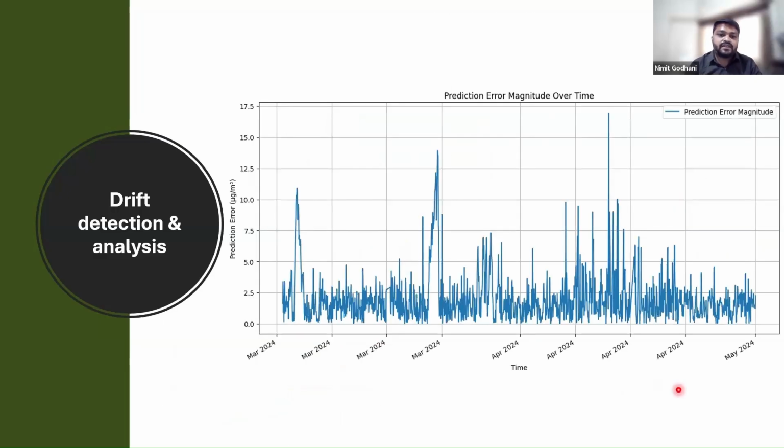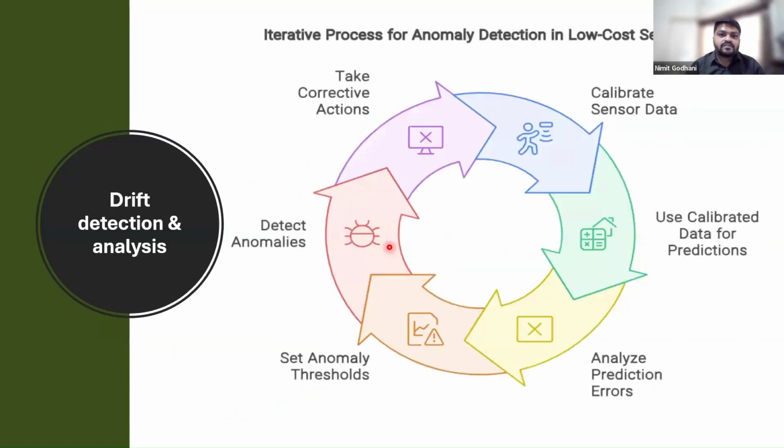We have predicted the error magnitude over time. This is the chart you can see. This is the iterative process for anomaly detection in low cost sensors.